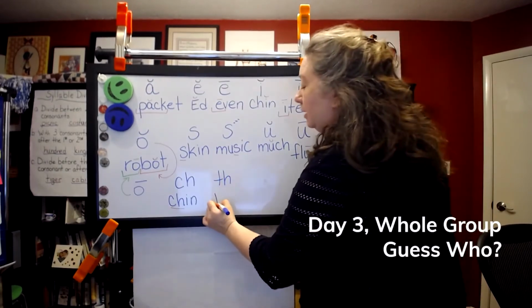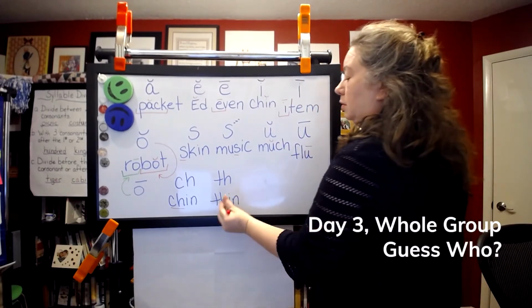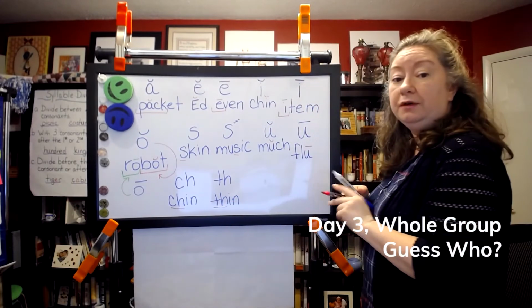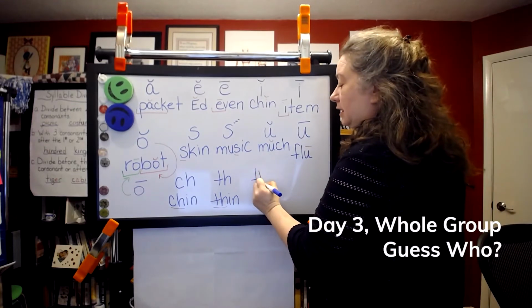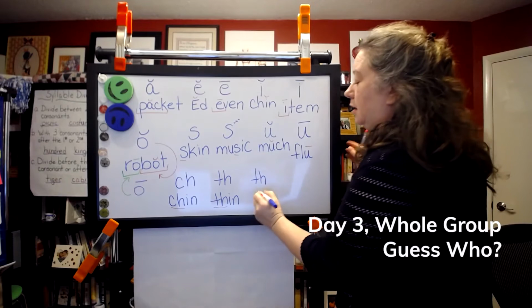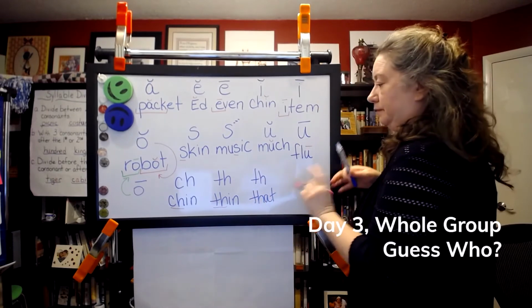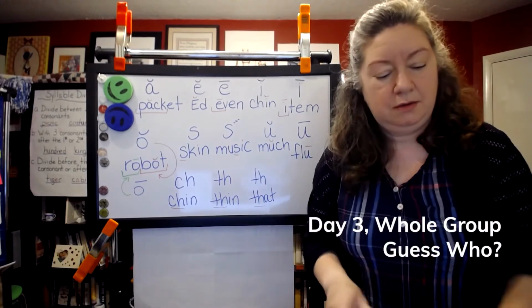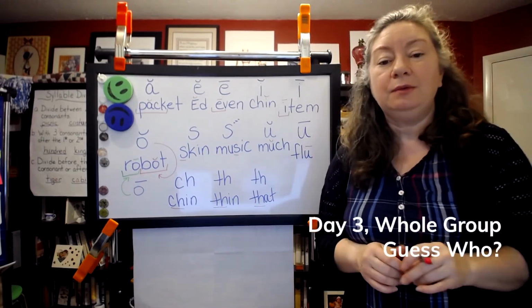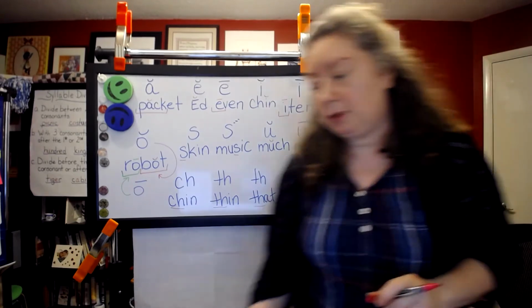And we had that in words like thin. We also have the voiced one that we write the same way in words like that. All right. Very nice. Okay, I will see you in just a second to do our unit story.